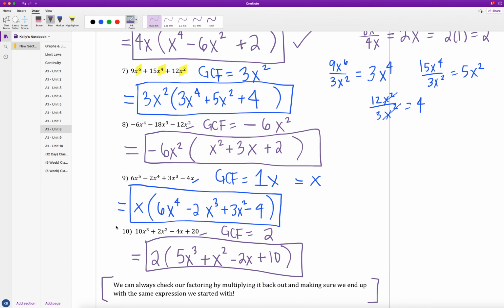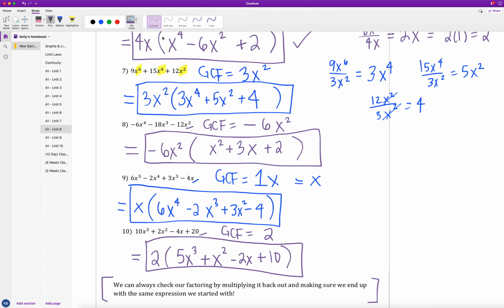So as we can see in our last two examples, sometimes our greatest common factor only has a number or only has a variable in it. And in our first couple examples, we saw where we could have both a number and a variable. As you're starting out practicing how to factor, make sure you're really taking a step at a time.